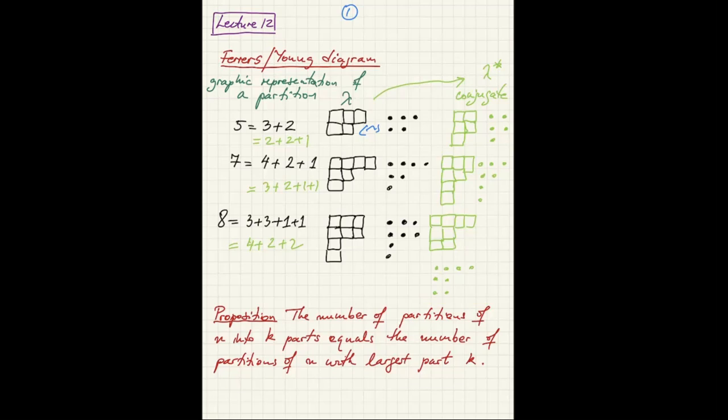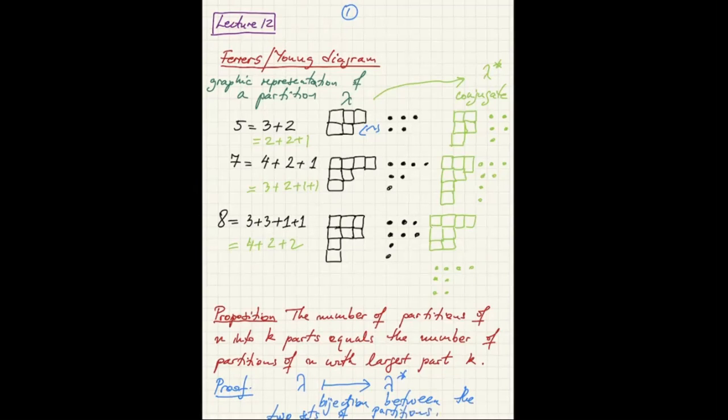And the proof is simply the fact that this correspondence, going from one partition lambda to its conjugate, is a bijection between the two sets of partitions.